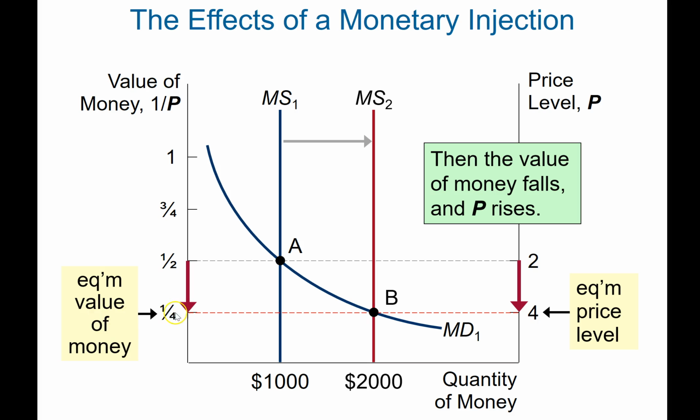The equilibrium value of money will fall. Remember that inverse relationship. The greater money supply says that the value is going to be lower. So the value of money falls, and at the same time we find that new equilibrium price, and we can see that the price level has risen. So this is that story of the relationship between the money supply, the price level, and the value of money.